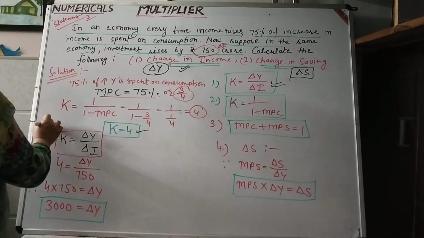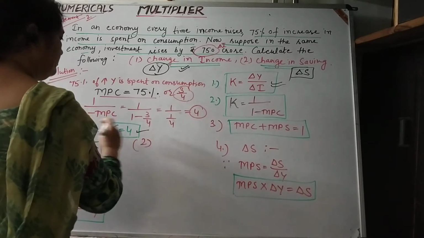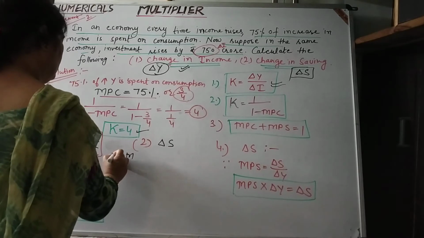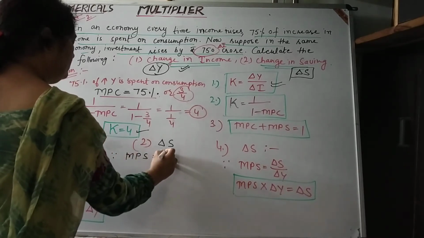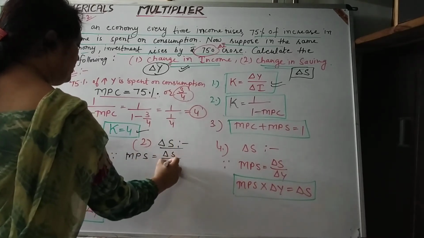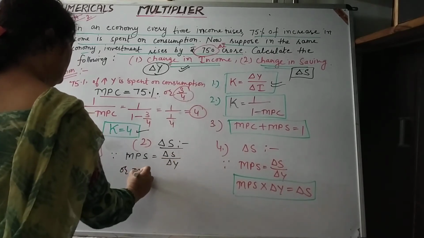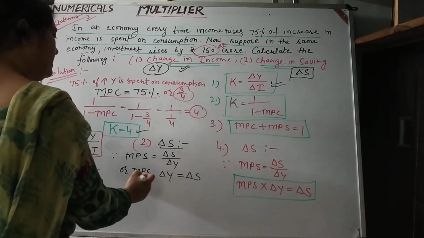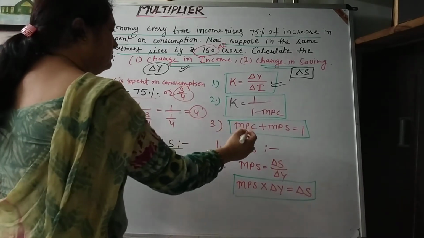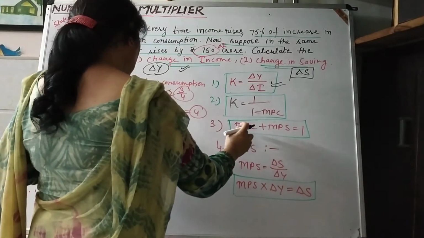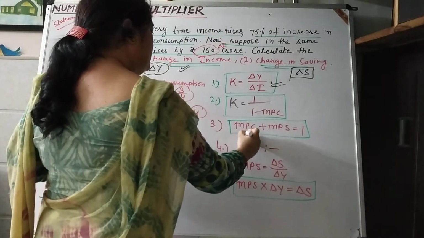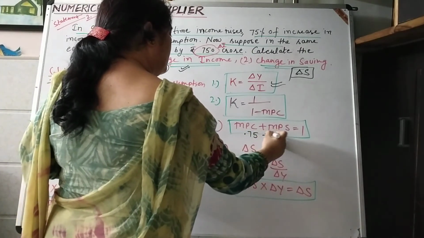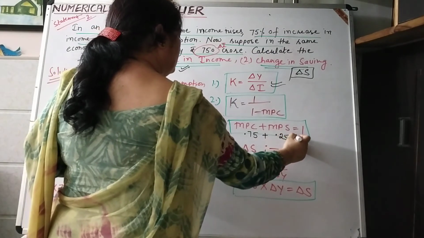Then second, we have to calculate the value of change in savings, because MPS is equal to delta S upon delta Y, or MPS multiplied by delta Y is equal to delta S. By putting the value in this formula, MPC is 0.75 plus MPS 0.25 is equal to 1.